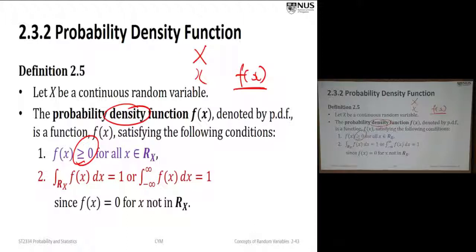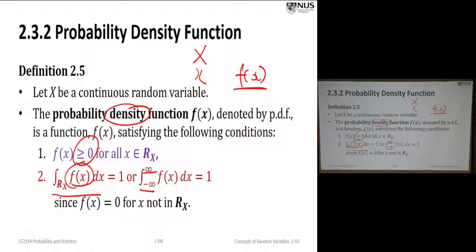Then, instead of doing summation, we do integration. Integrating the probability density function over the range is equal to 1, or integrate from minus infinity to infinity.